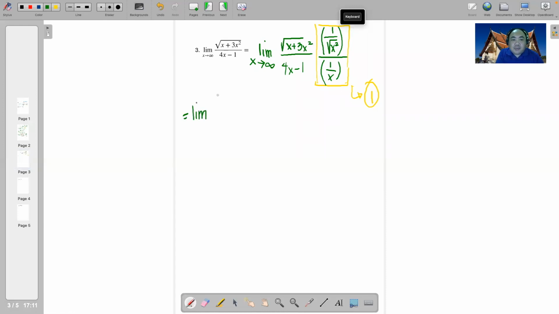the square root of x over x squared plus 3x squared all over x squared, divided by 4x over x minus 1 over x as x approaches infinity.